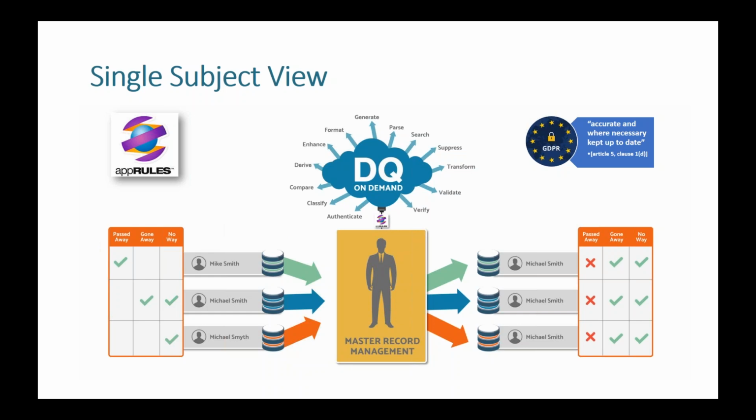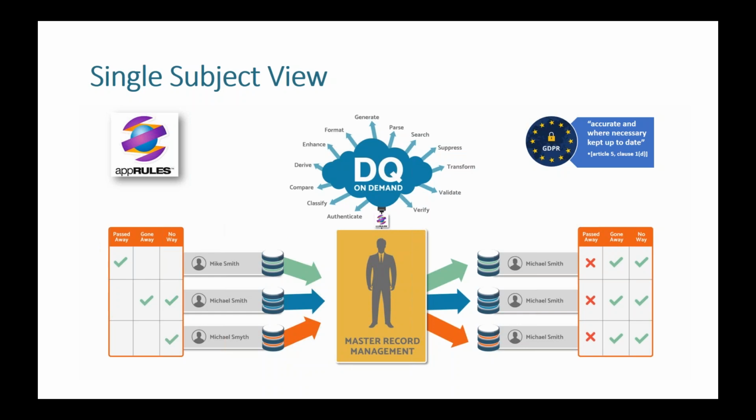Every time you need to send a communication to somebody, you can check against our consent platform. The outcome of that, as you can see on the right-hand side, is that although those records might be in 3 different systems, they're now all unified. They're now all Michael Smith. We know that he has not passed away in this instance. However, he has gone away, but we've recovered his new address.